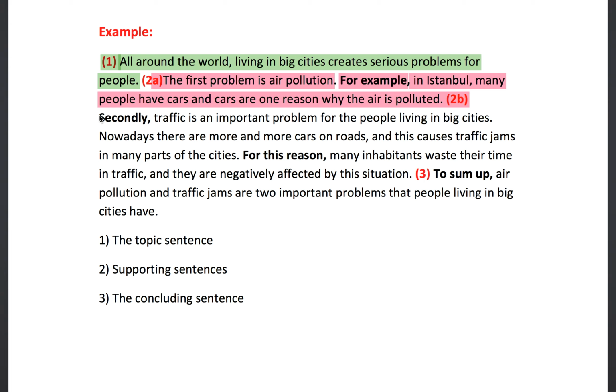And then we have secondly, our second supporting detail. Secondly, traffic is an important problem for the people living in big cities. Nowadays, there are more and more cars on roads, and this causes traffic jams in many parts of the cities.